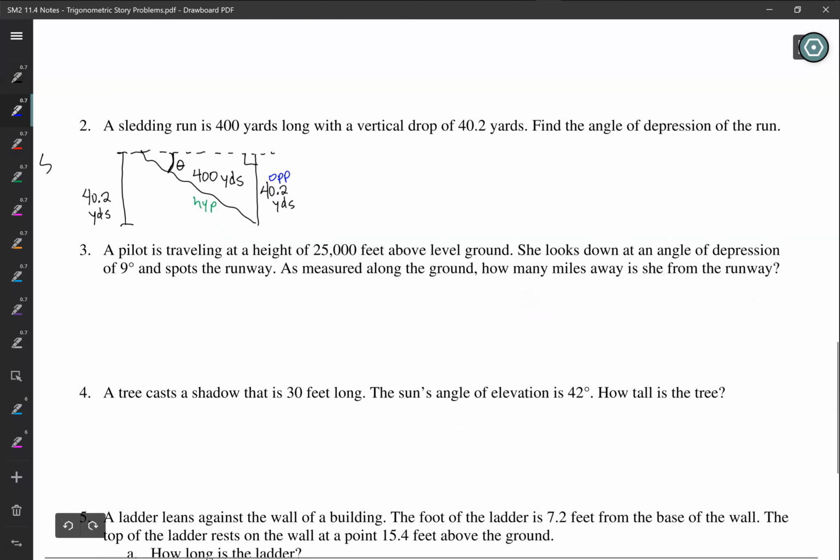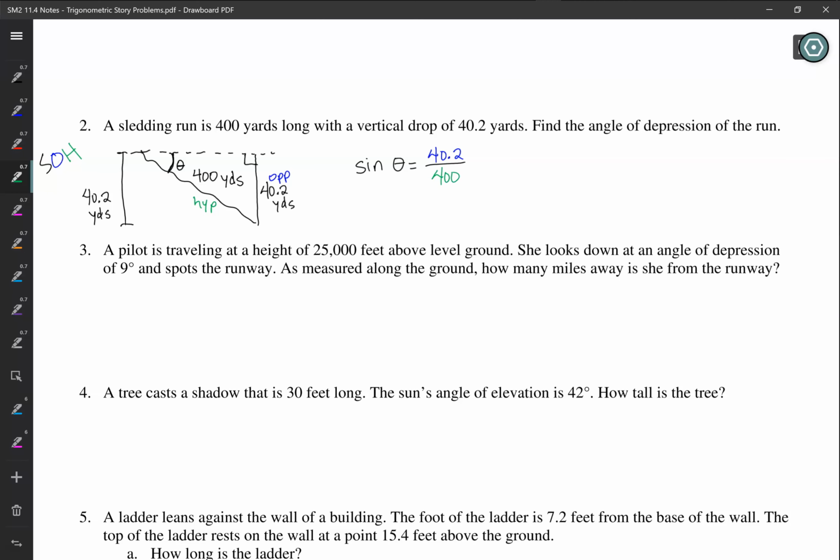So this time we're trying to find the angle. So this would be a problem like section 11.2. We know that the sine of that angle is equal to the opposite side, 40.2, divided by the hypotenuse, 400.